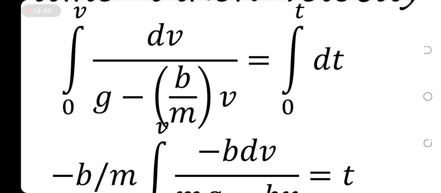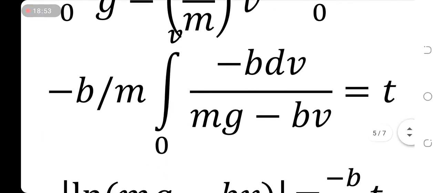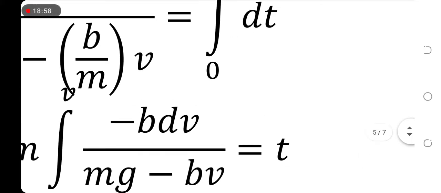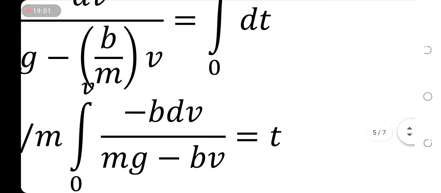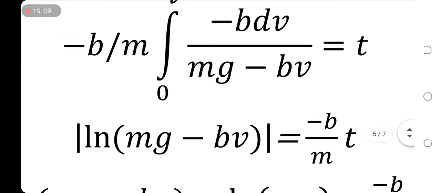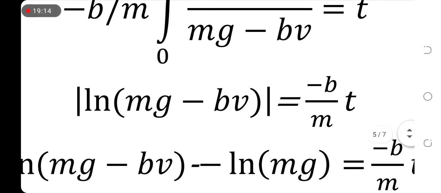Now we see the integral of the derivative of some quantity divided by that quantity results in a logarithm. Simplifying this equation, we have this relation, and integrating the time, as it is the only factor, we get the upper limit over lower limit by only t. Taking the constant m over b from the left side to the right side, we get the equation minus b over m into t.